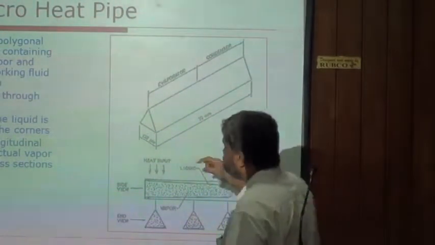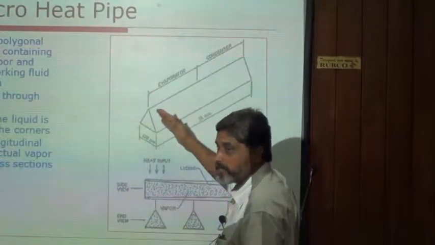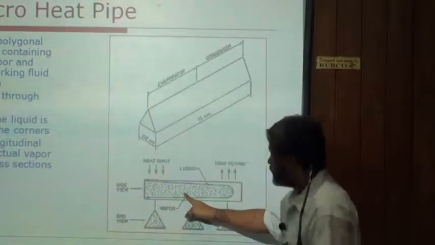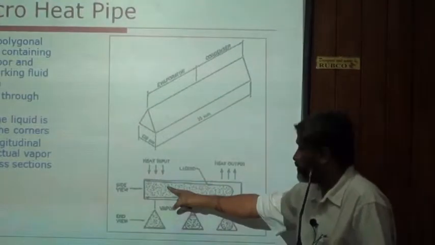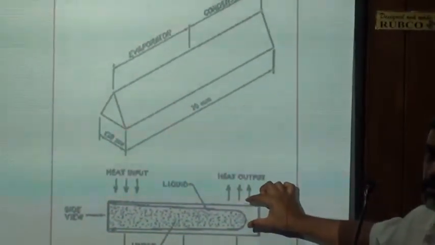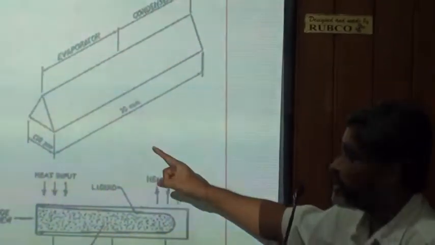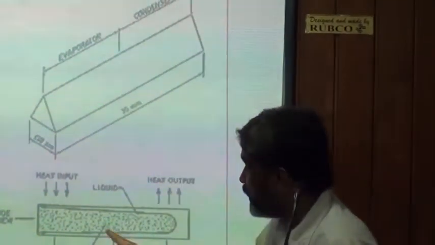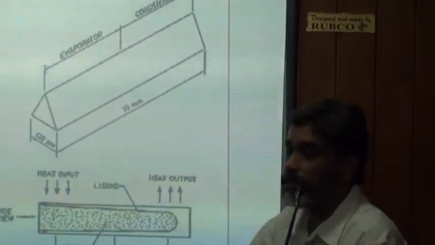So now when the circulation happens inside, you have the vapor inside and the liquid meniscus formed. Beyond the liquid meniscus, at the corners the liquid is moving. So it is separated from the vapor by the liquid meniscus.